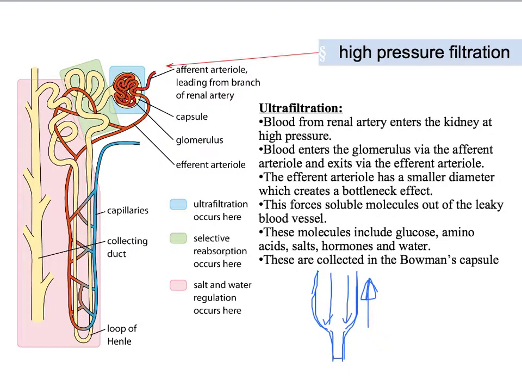Now, some of these molecules include glucose, amino acids, salts, hormones and water, and they are all, as much as possible, removed from the blood. This is due to the fact that it's better to remove all the waste than keep any of it. So we remove everything and then we absorb things back that we want to later, and this is what we're going to look at next.